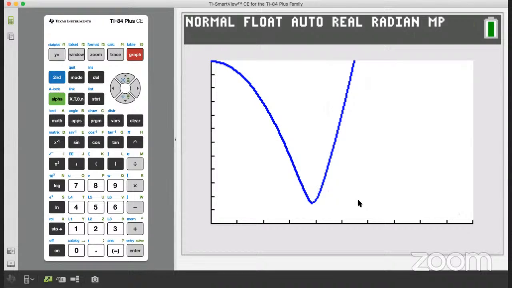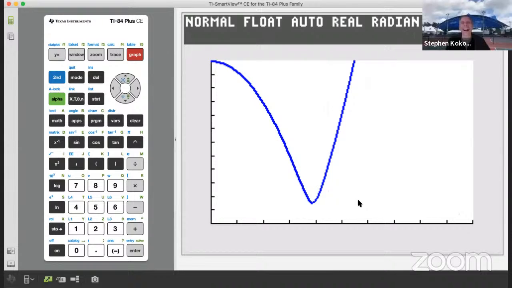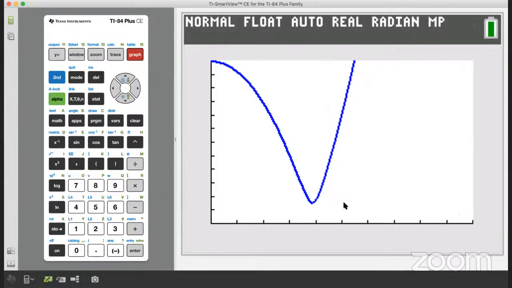Eventually it's got to start increasing, right? Because once the object hits the ground, the guy's still running away. Exactly. So I'm going to hypothesize that the minimum there is maybe slightly before the object hits the ground.